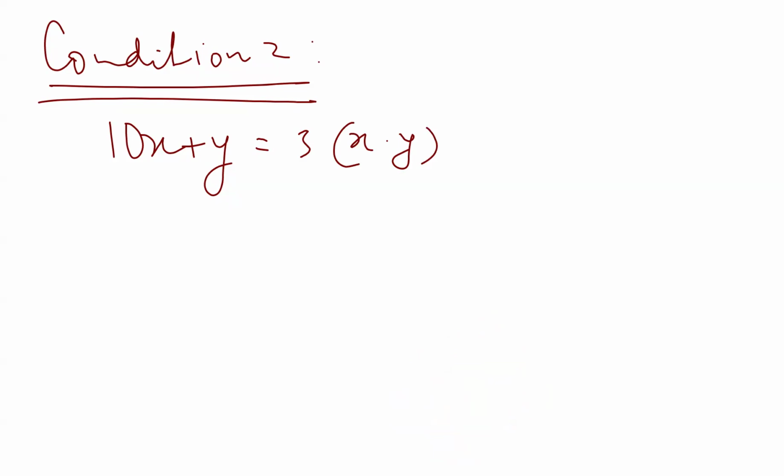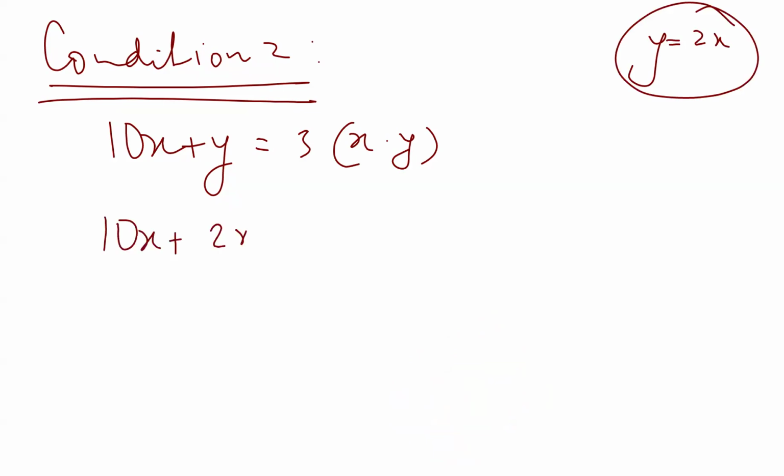So this is condition number 2, and we already have y is equal to 2x. Replace the value of y with 2x. So 12x is equal to 6x square.